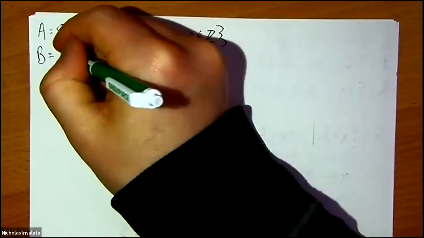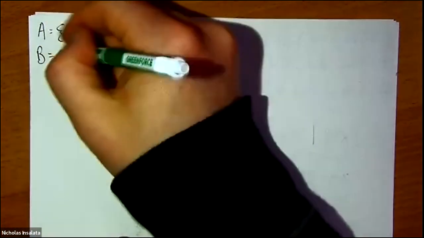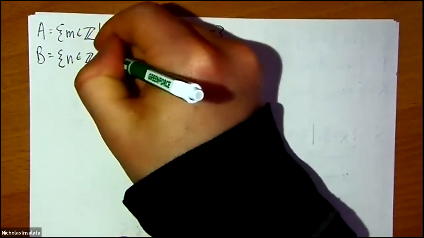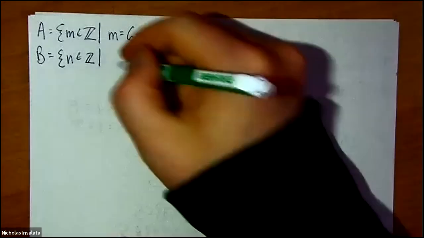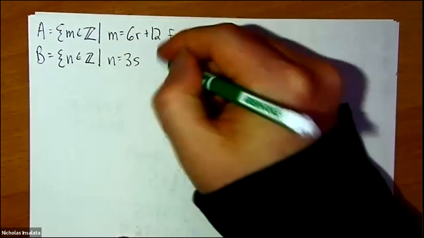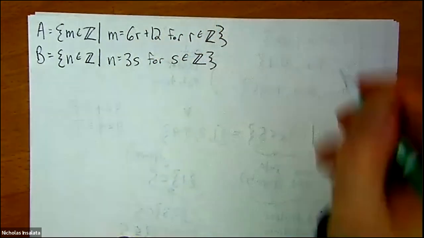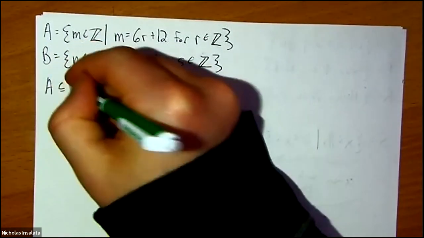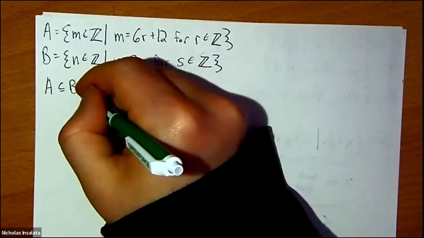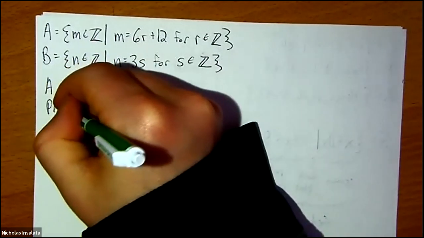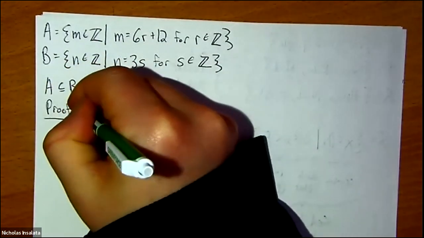Set B is the set of n in the integers such that n equals 3s for s in the integers. And I want to show that A is a subset of B. Now, what do you think? Just an English explanation would be great here.